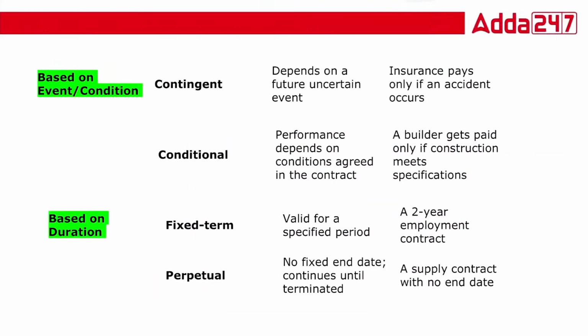Now, based on condition, contingent contract. So guys, first of all, the contingent contract depends upon a future uncertain event. Insurance pays only if an accident occurs. See, that is the best example of contingent contract.